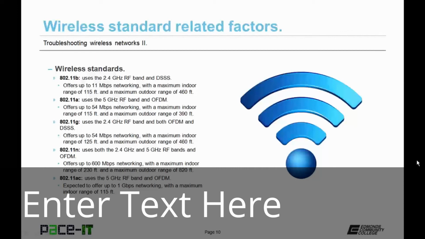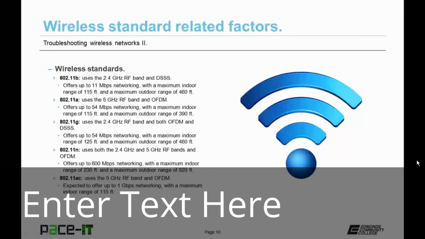Then we have 802.11n. It can use both the 2.4 and the 5 GHz radio frequency bands with OFDM as its method of modulation. 802.11n can offer up to 600 megabits per second networking with a maximum indoor range of 230 feet and a maximum outdoor range of 820 feet.